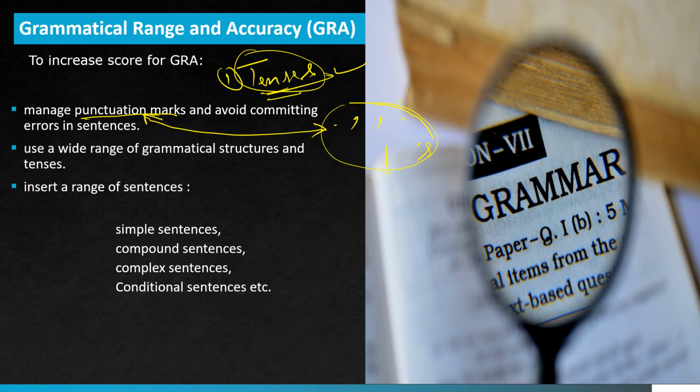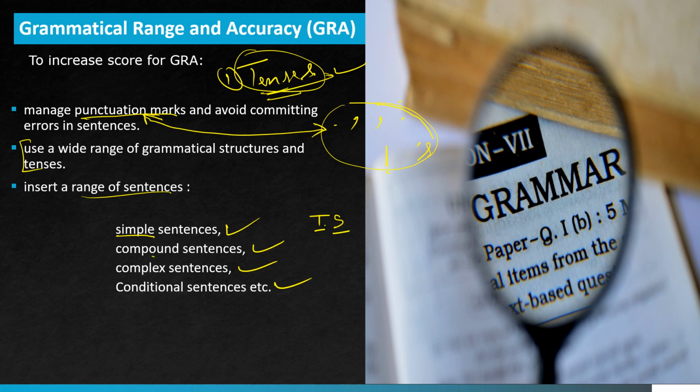Next is use a wide range of grammatical structures and tenses. We already have discussed these things. The last one is use a variety of sentences. The simple ones can be used at the start of each body paragraph in order to write your topic sentence.